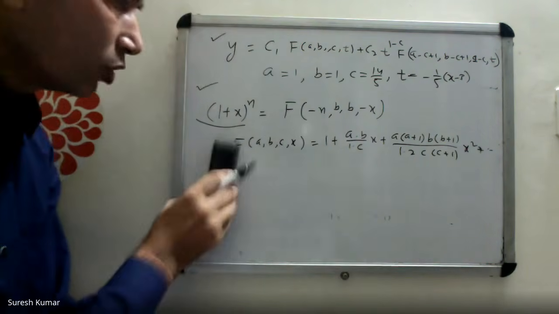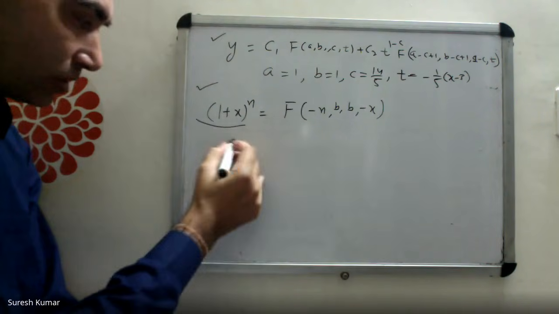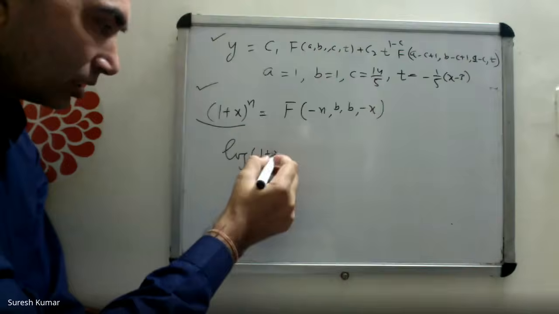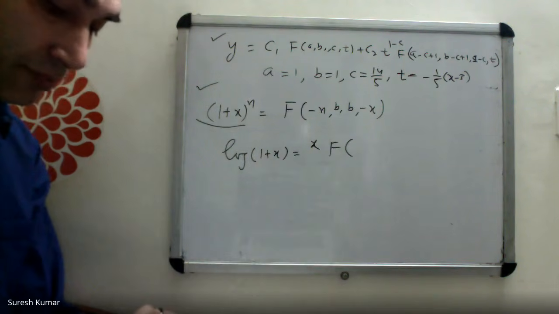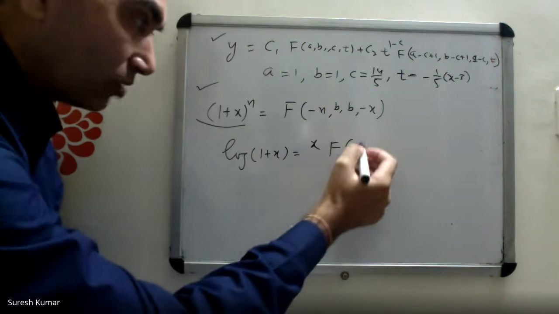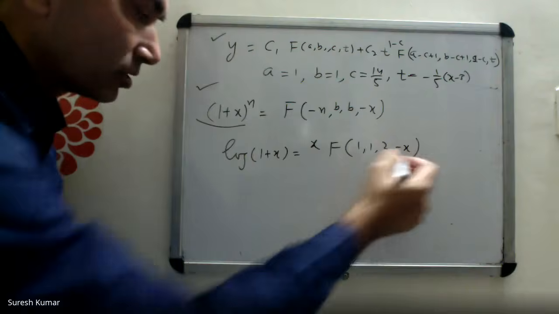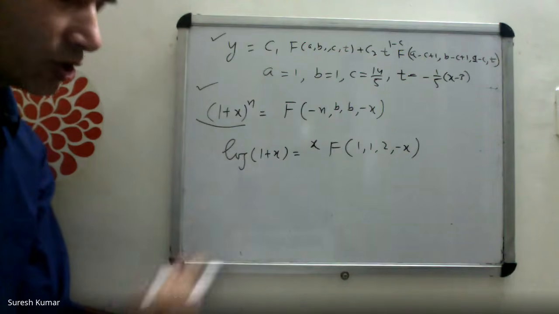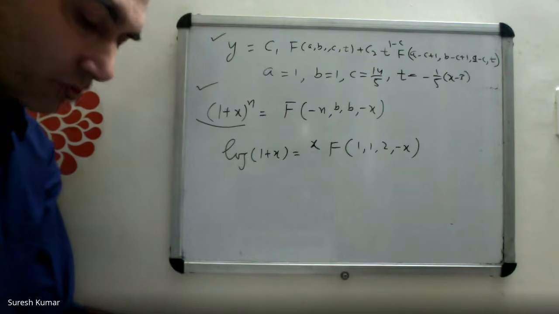Likewise, you can check more functions, like log(1 plus x) is the same as x times F(1, 1; 2; minus x). You know, logarithm is an elementary function, and you are able to express it in terms of the hypergeometric function.